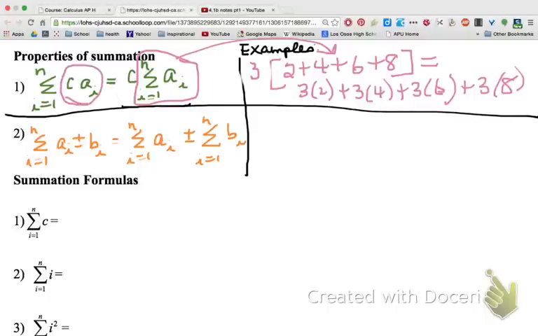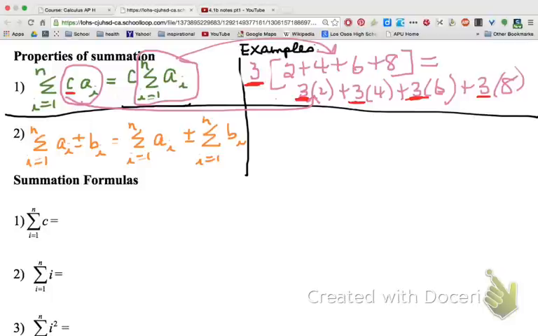In other words, I would have been adding up all of the terms, but every single one of them would have been multiplied by this constant in front, whatever that coefficient constant is. So it doesn't matter if I pull it to the front, which could be kind of an advantage in working out everything inside the brackets first and then multiplying by 3 instead of doing all of the multiplications by 3 first.